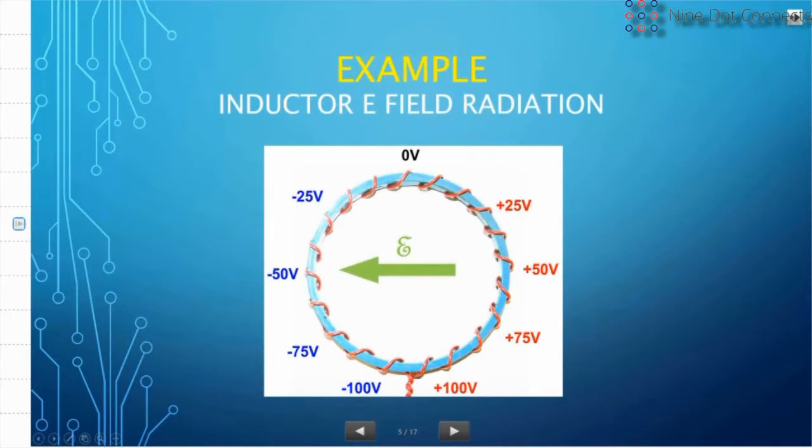Even though the magnetics is pretty well contained by virtue of it being a toroid, having just a single turn all the way around is what can get you into trouble. So things like that are not always obvious to people, but if you're looking for EMI problems, you might end up finding one of those.